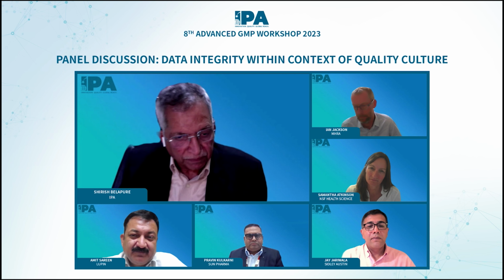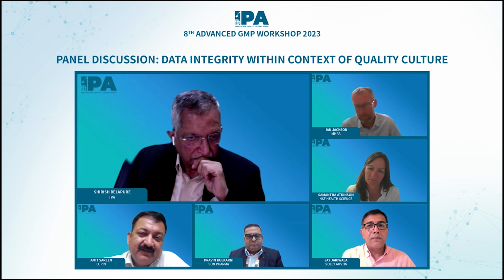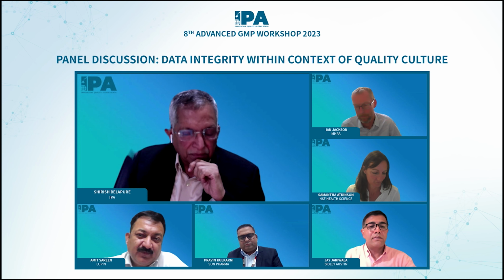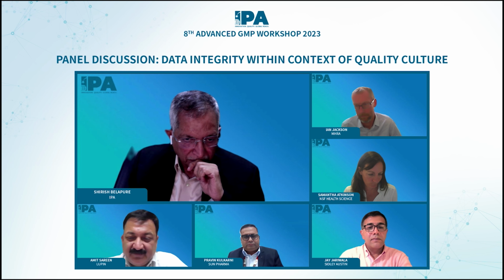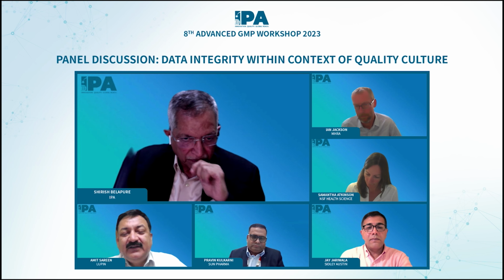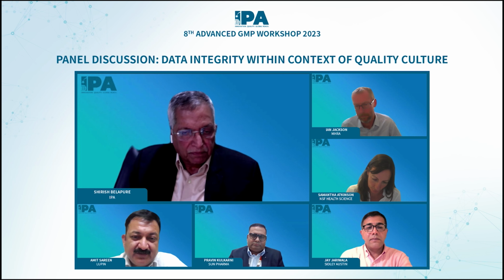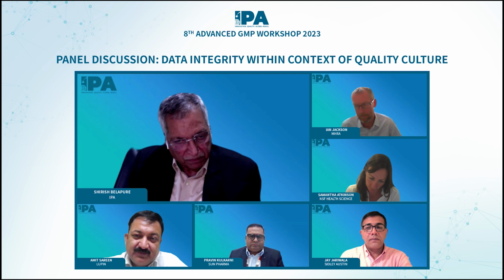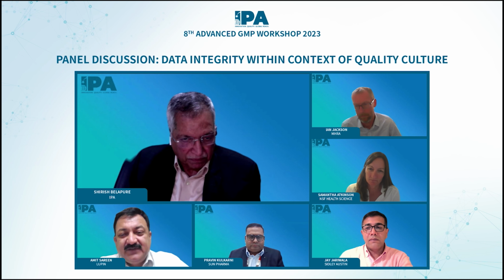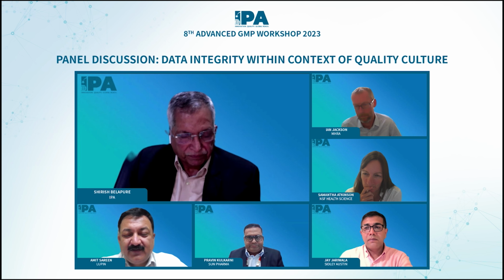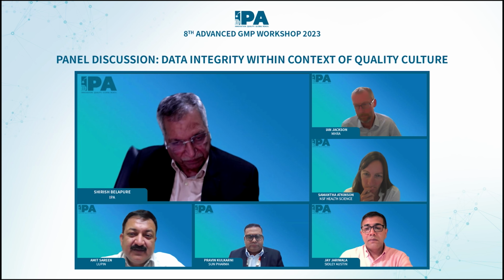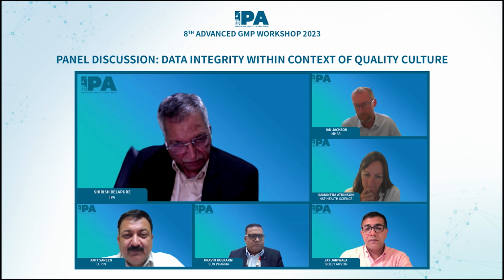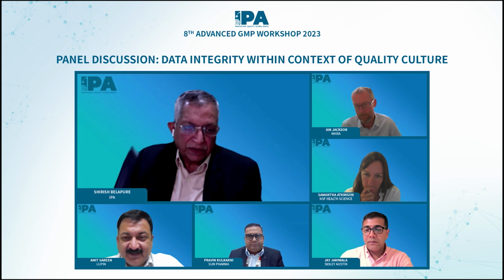Then we have 21 CFR Part 11, which is already practiced in most cases. So whatever the elements are, all of that needs to be enabled when we do the qualification of the equipment or the instruments. So these are a few things which give us a practical approach to how we can make the data reliable and trustworthy. So that's my view.